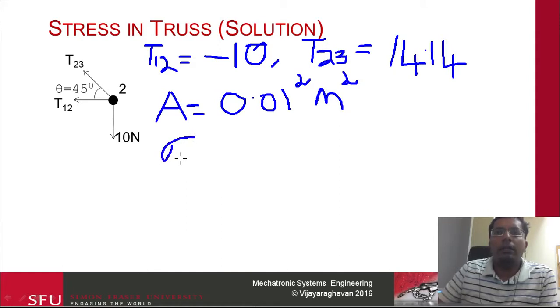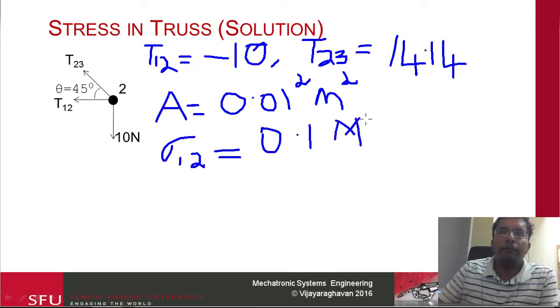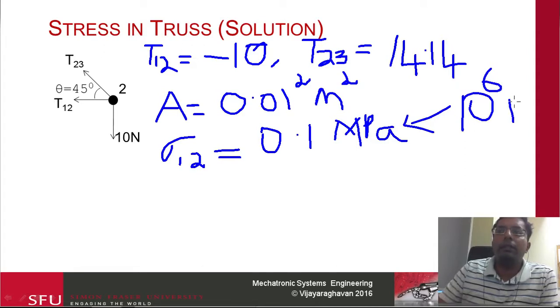So sigma 1,2 is going to be 10 newtons divided by this area, which gives me 0.1 megapascal. Megapascal is 10 to the 6 Pascal.